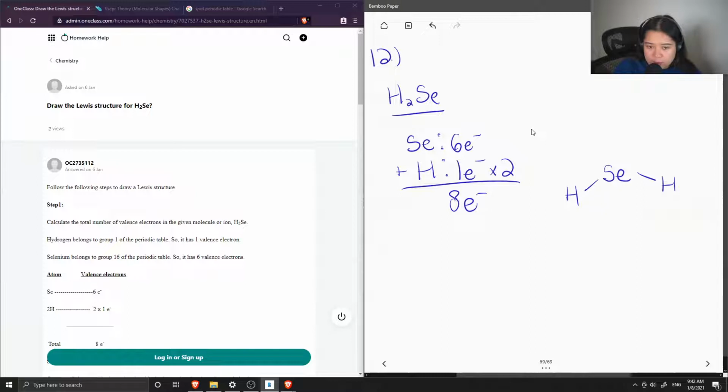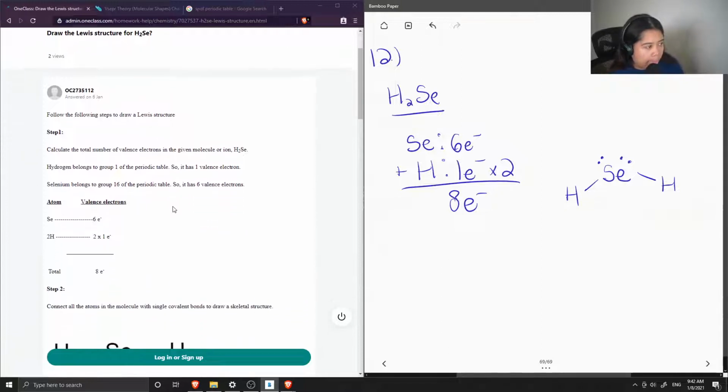So the remaining 4 I'm going to put as lone pairs on the central atom. And now we have 8 electrons, and both elements have a full octet, or in the case of hydrogen, it's just satisfied. And now let's see what the junior tutor said.